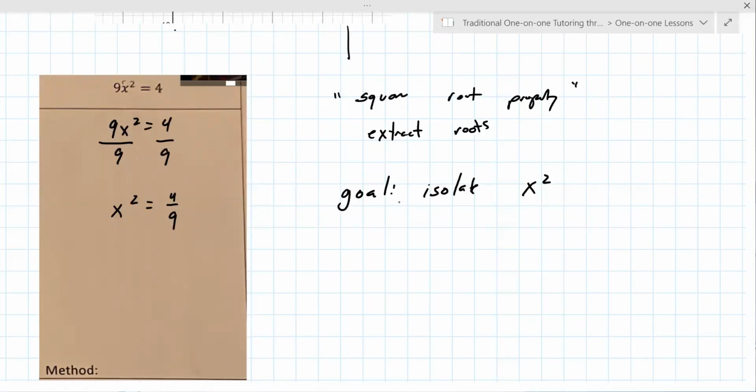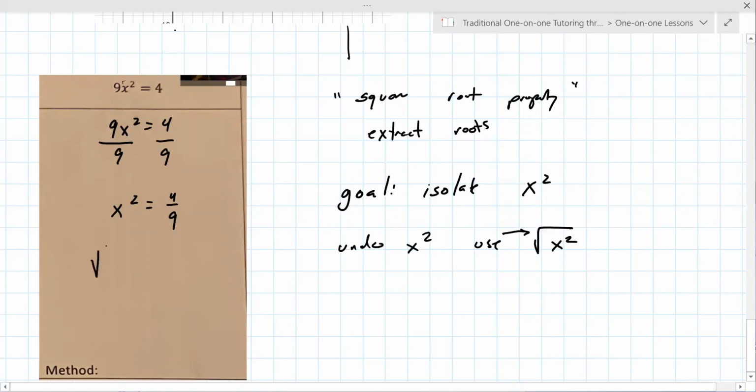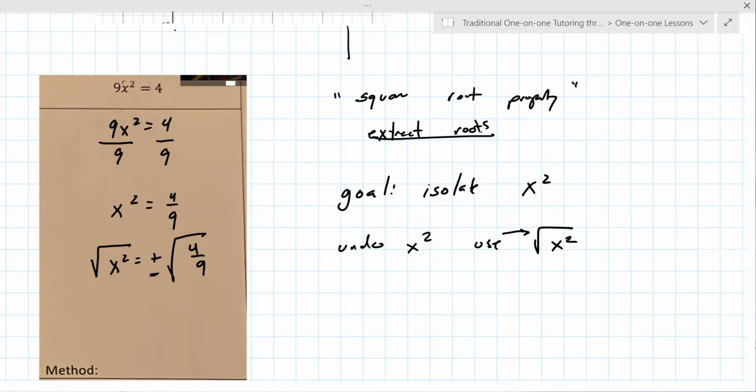Okay, now to undo x squared, you use the square root. So you're going to take the square root of both sides of the equation. When you take a square root, that's what it means by extract the roots. And then on the right here, you have to take the square root of 4 and the square root of 9 separately.